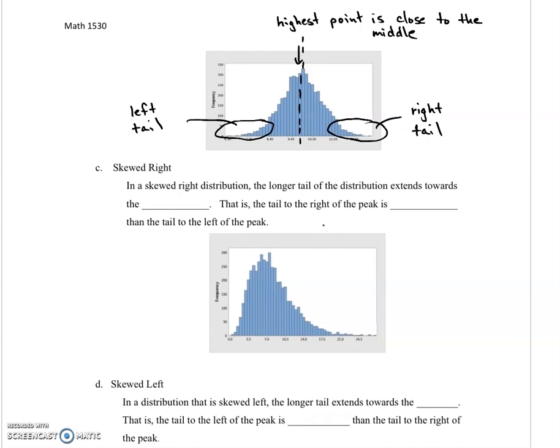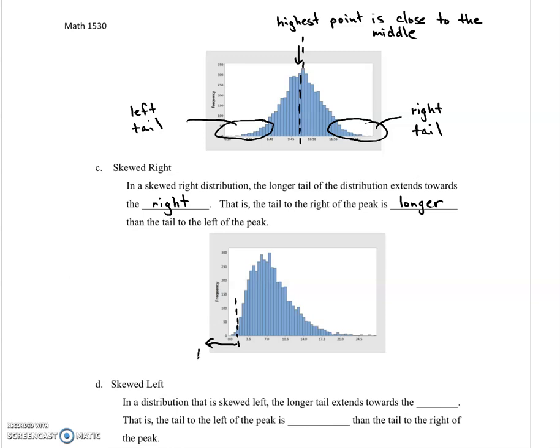So in a skewed right distribution, the longer tail extends to the right, and so the tail on the right of the peak is longer than the tail to the left. So you can see here, our left tail is from that dotted line that way.